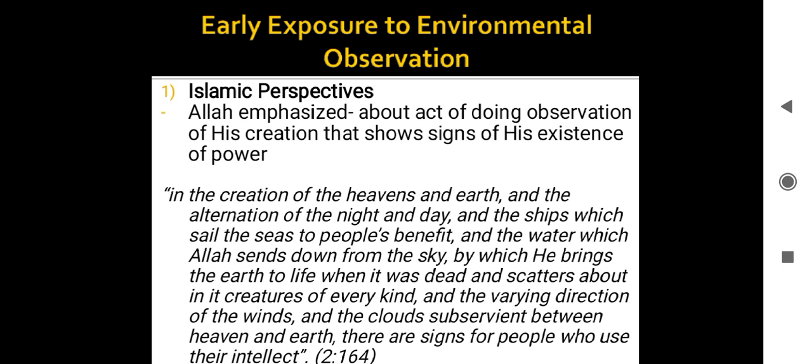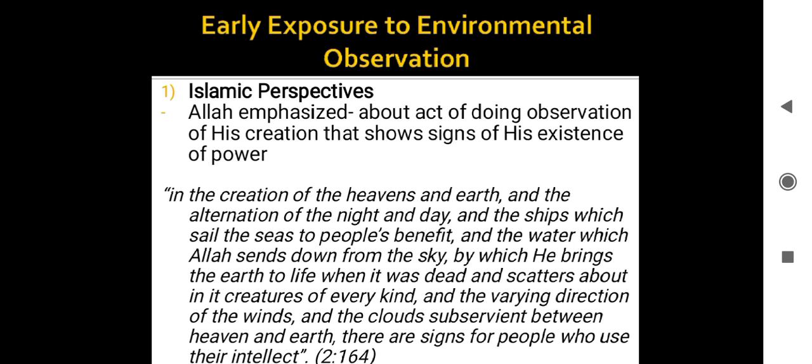Allah also asks us to observe the water which Allah sent down from the sky, which refers to raining. And then why is this ship floating? Alright? It does not sink inside the sea. It means Allah is the one who controls that.